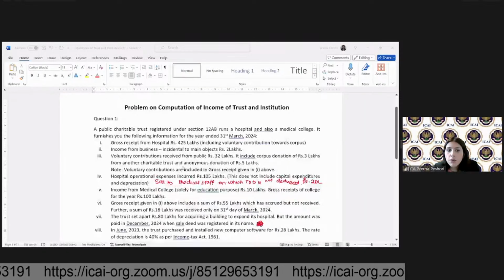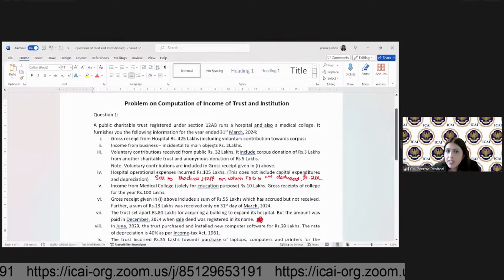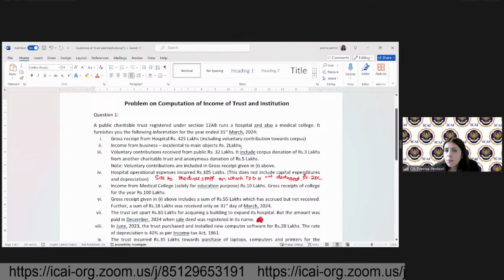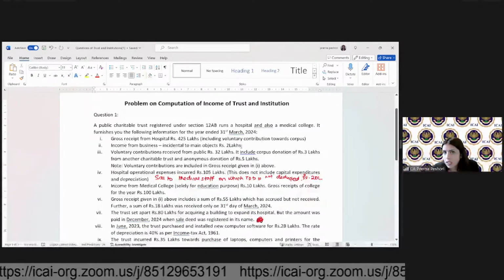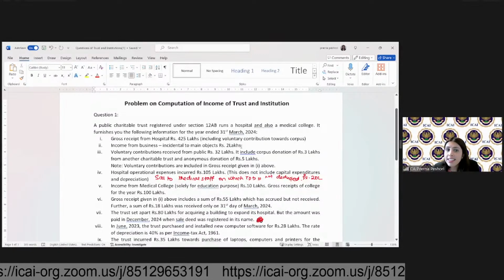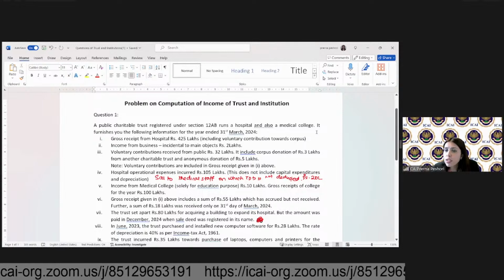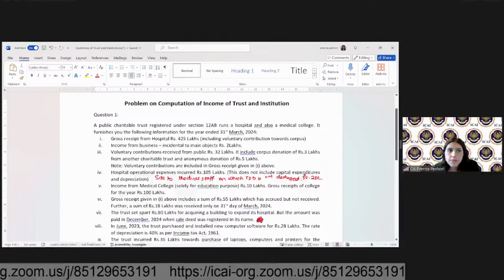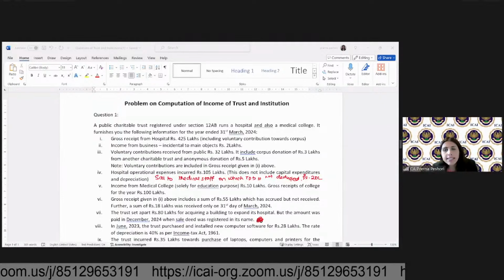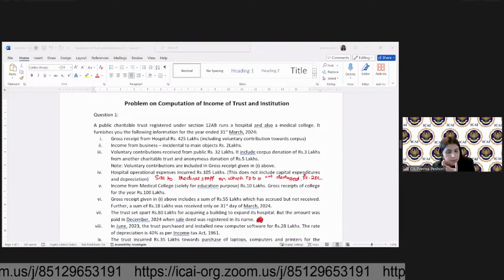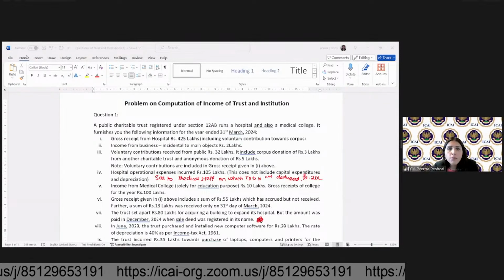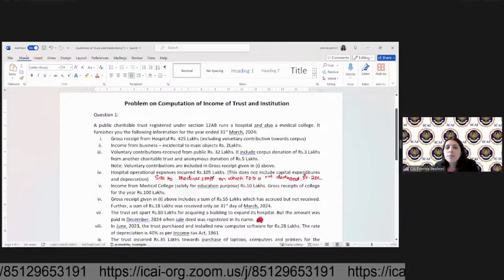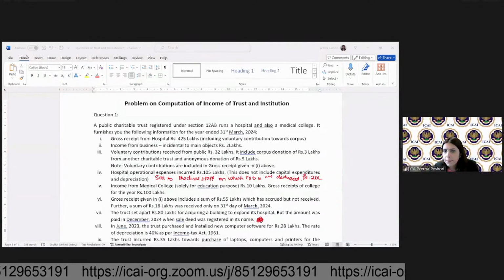So, income from business incidental to the main objects, rupees 2 lakhs. What would be the adjustment of this?